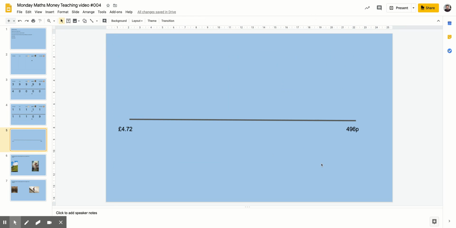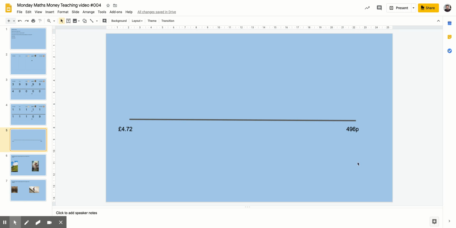So let's have a look at putting some values in between two values. Here I've got a number line, and it starts at £4.72. So we start with £4.72, and at the other end we've got 496p. Now, I've purposely used pounds and pence here just to show you how some questions might try and trick you.